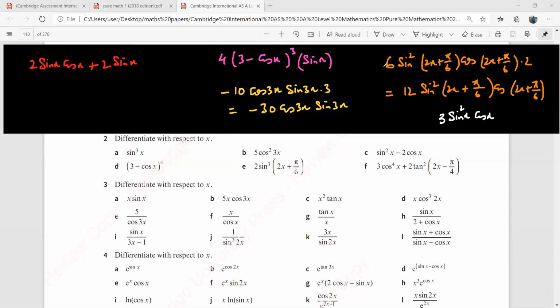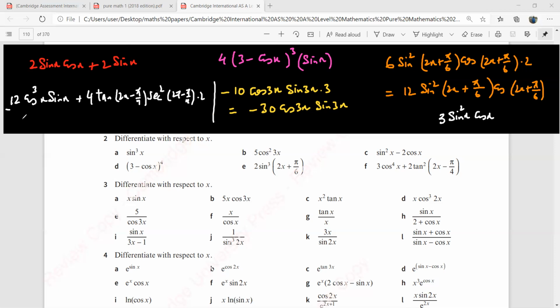And then the last one is going to be 12 cos cube x, then there is a minus sine x. And then you have plus 4 tan 2x minus pi by 4 secant square 2x minus pi by 4 times 2.